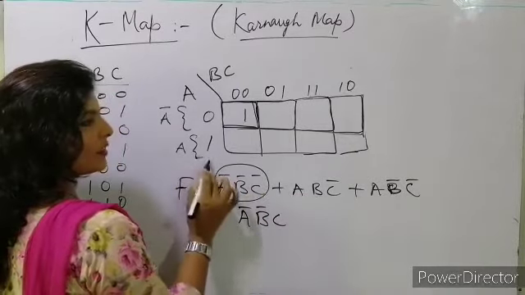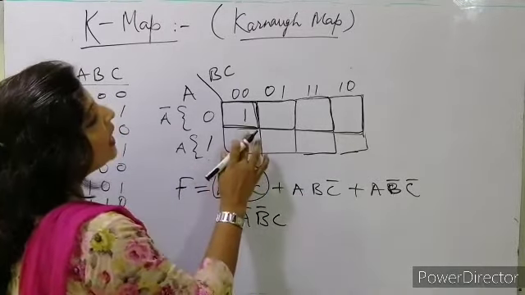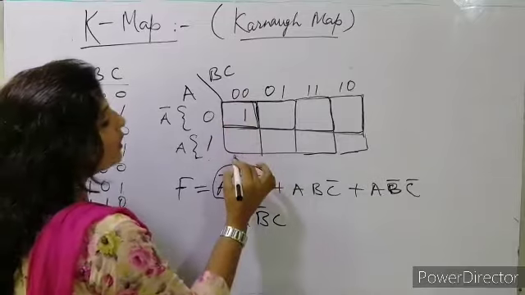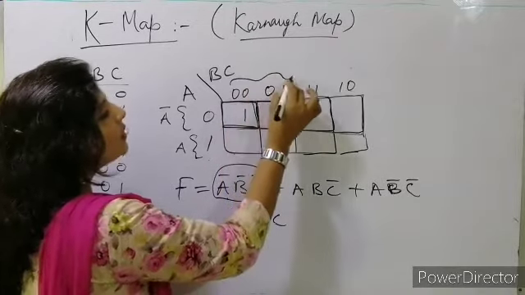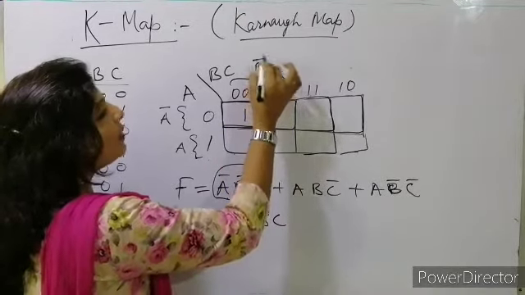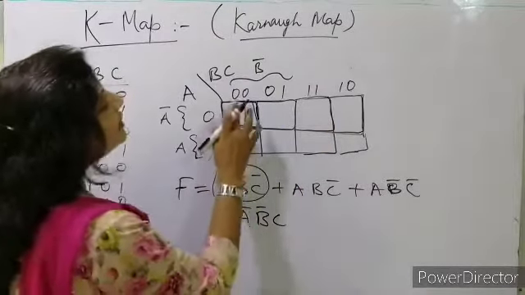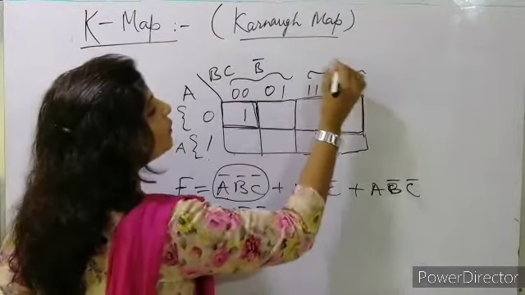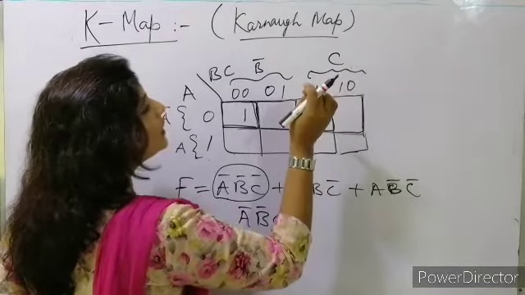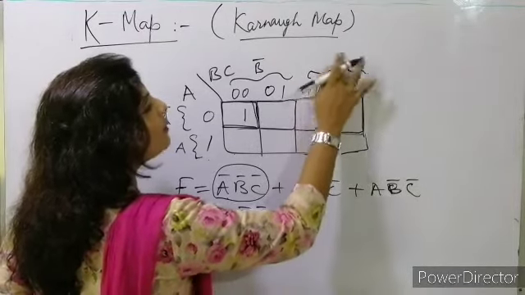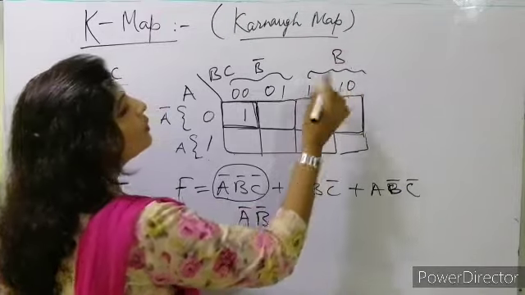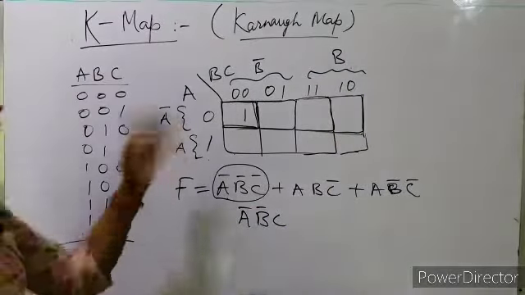A is positive here, and where is B positive? Here. These two are for B complement, and these two for C, these two for B. In these two there will be B and in these two B complement.